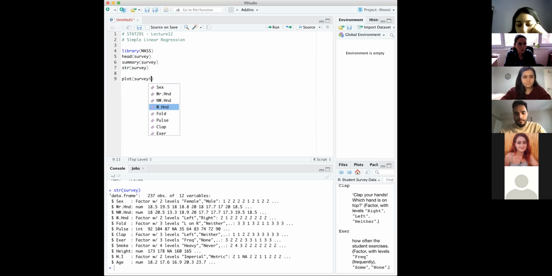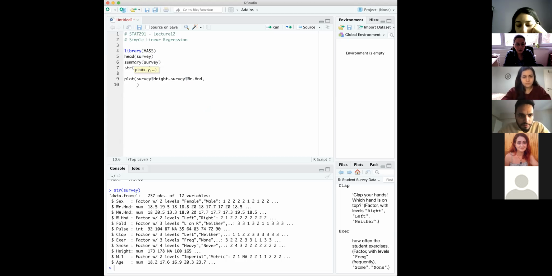And let's see, I want to see the height, this one. And also versus, I have my data in here. And I'm going to add the writing hand, I mean. And let's say you want to add some explanation, like writing hand in centimeters in here.